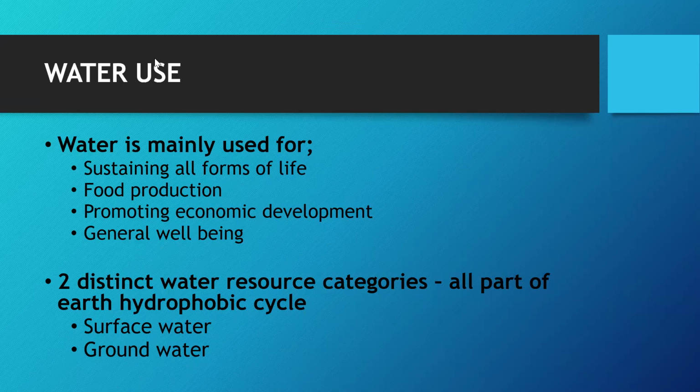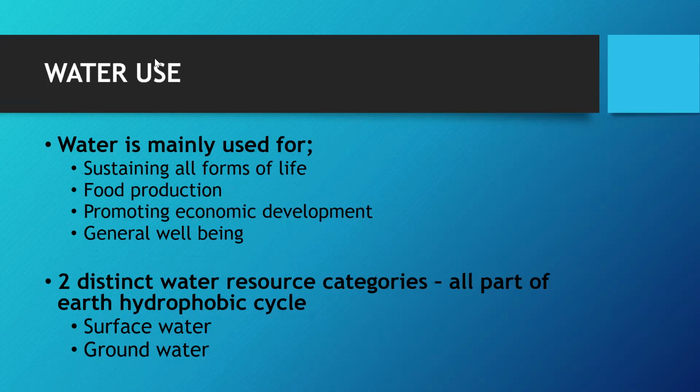But it is also used for more complex usage in industries, and then also trade, like the water companies producing bottled water. And for the general well-being of human life, we know that water is life and it's also a necessity for life to continue.